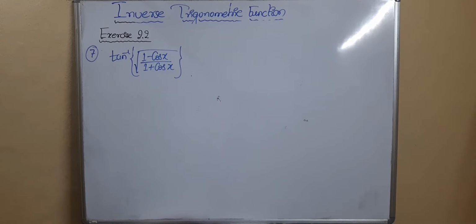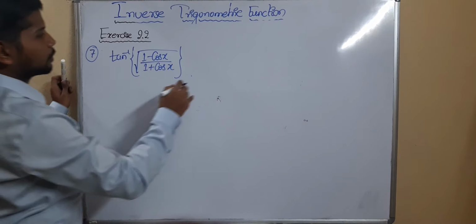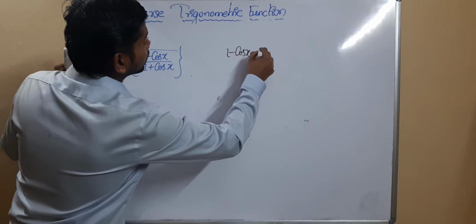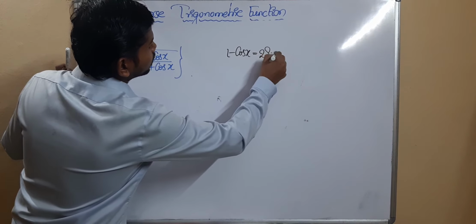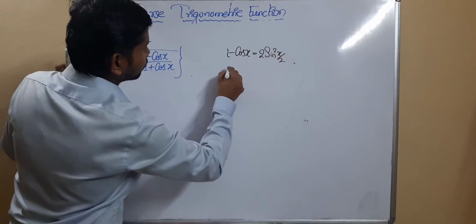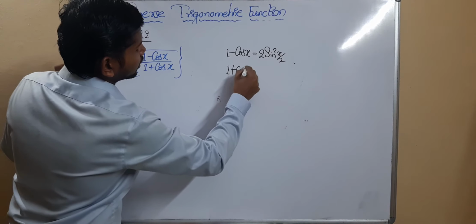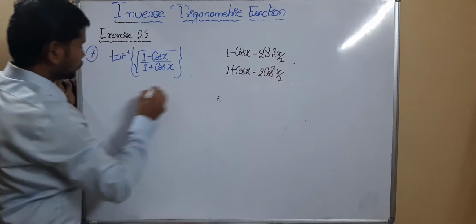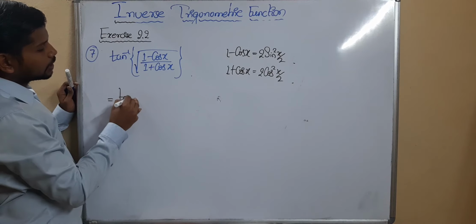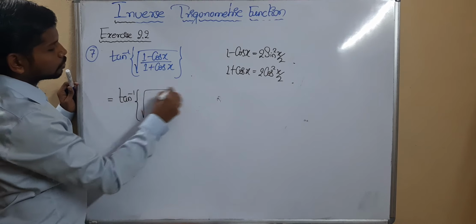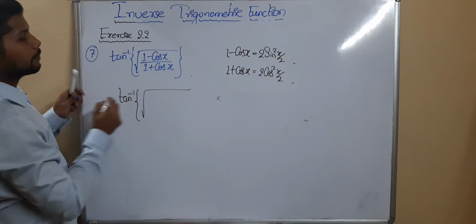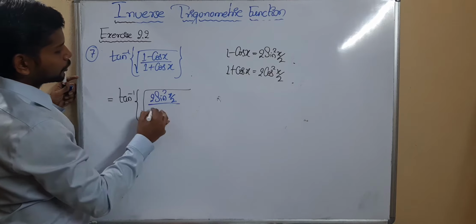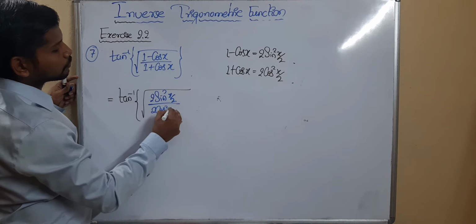Observe the next one. We need to write the simplest form of the particular question. 1 minus cos x has the formula 2 sin square x by 2. 1 plus cos x has the formula 2 cos square of x by 2. Concentrate on the board. Tan inverse of square root of 2 sin square of x by 2 divided by 2 cos square of x by 2.